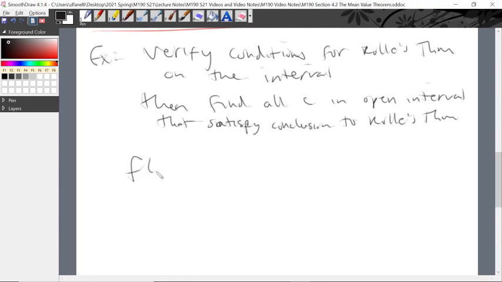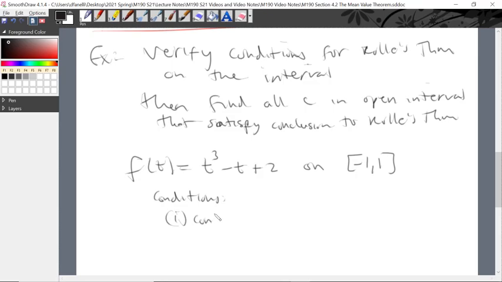All right, let's take f of t equal to t cubed minus t plus 2, and I'll put this on the closed interval from -1 to 1. Conditions, first of all: continuity on the closed interval from -1 to 1.